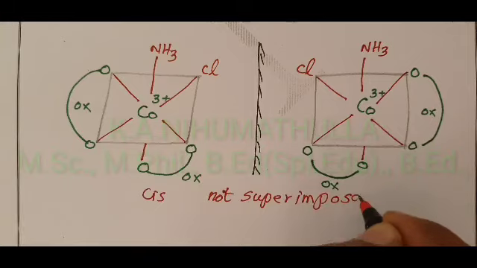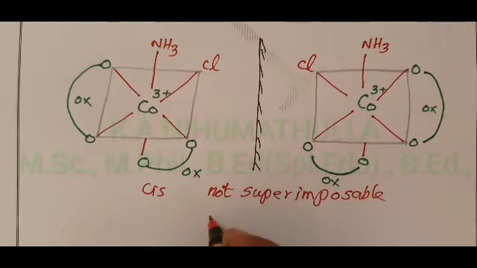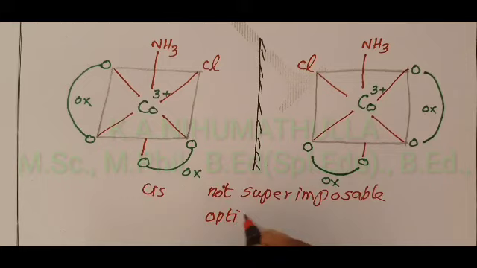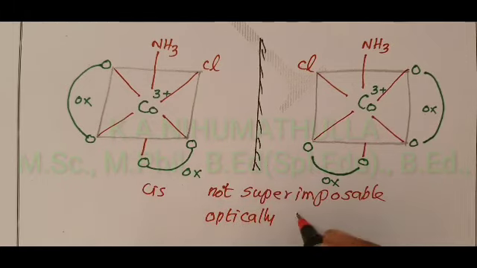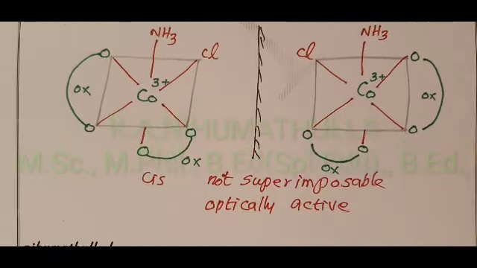Not superimposable. Therefore, these two are optically active. And these two are called enantiomers.